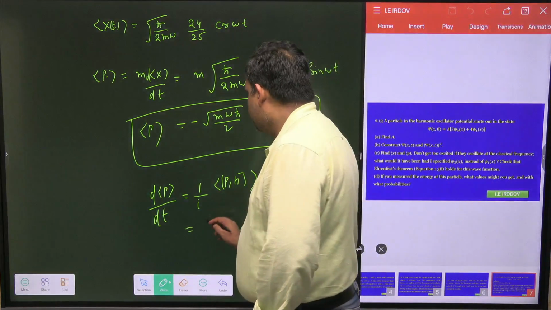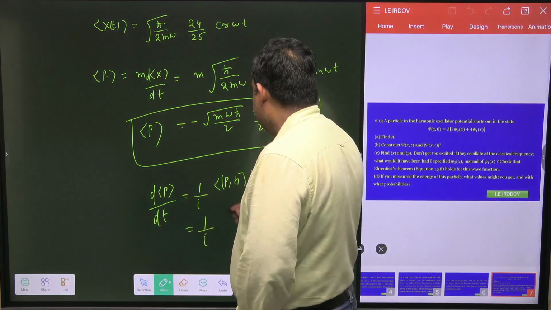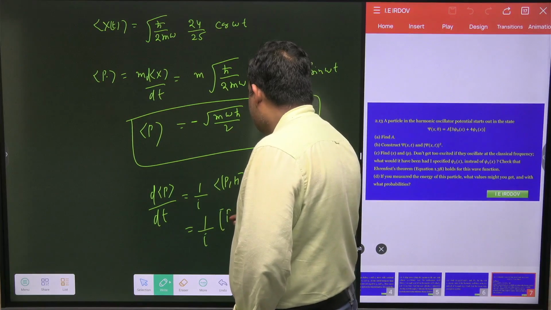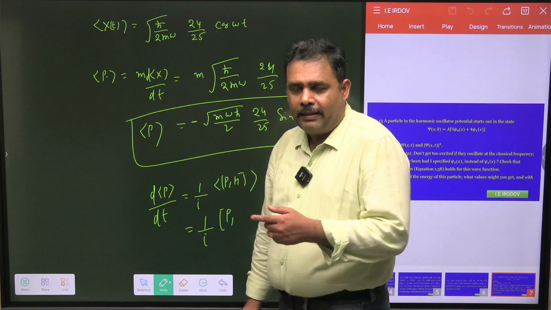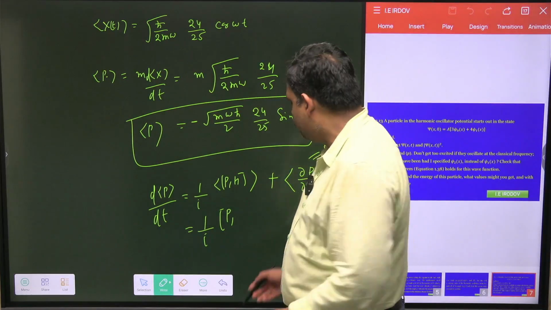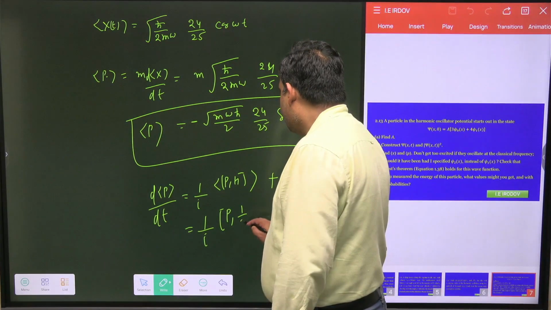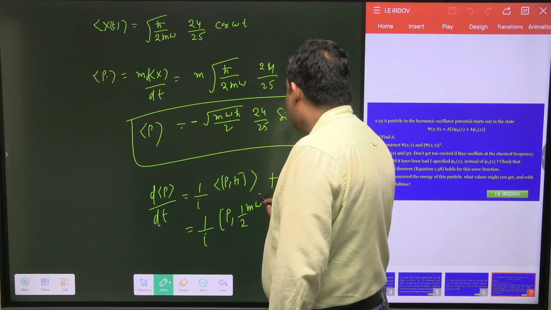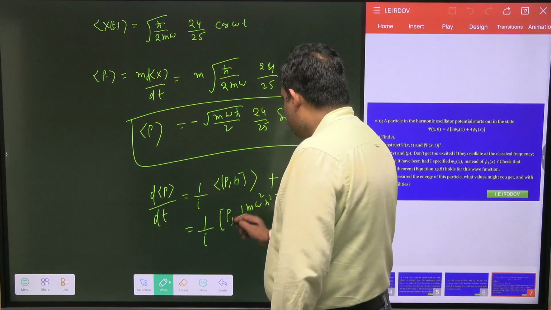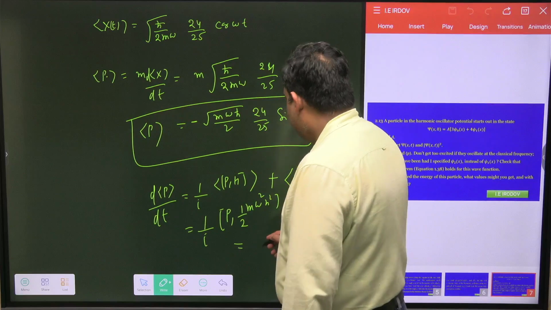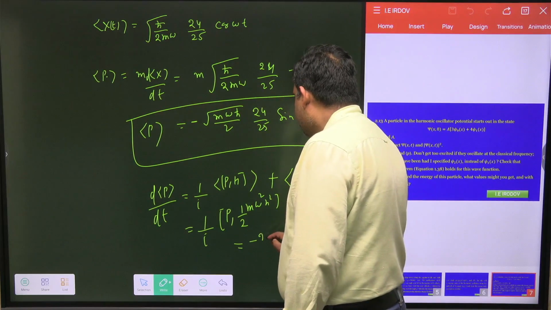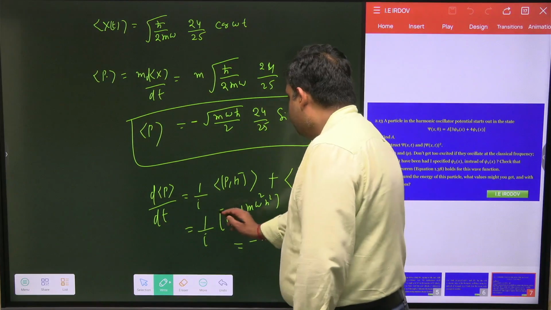And when we calculate it, 1/iħ, only the commutator of p with the potential survives, and the Hamiltonian is p²/2m plus the potential energy, that is ½mω²x². So we just have to go for ½mω²x². This will be calculated and we will get minus mω², and we have to take the average value.